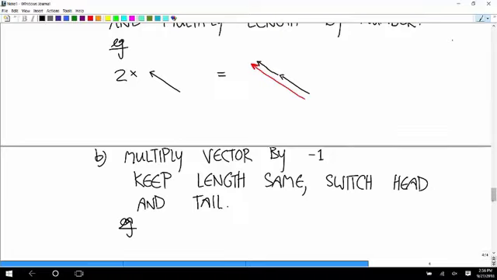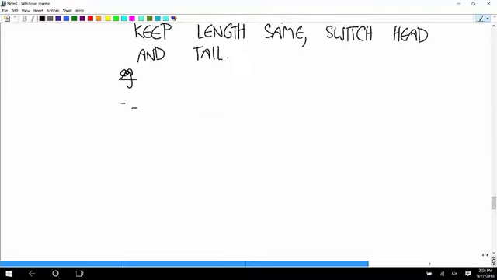So for example, -1 times this vector is this vector. And so now with those two things, in 2 steps you can multiply by any number. Like if you want to multiply by -40, you first keep the direction the same and multiply the length by 40. And then when you're done with that and you have this long thing, then you just switch the head and the tail to make it negative.